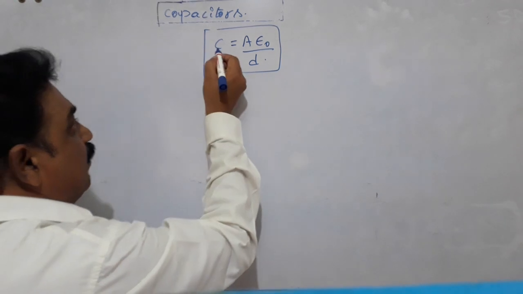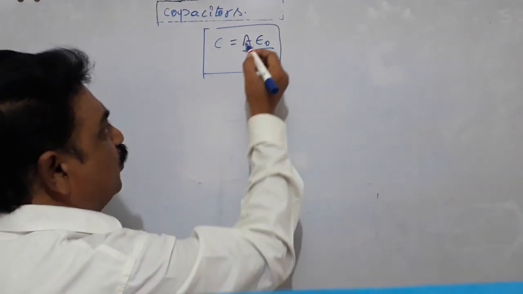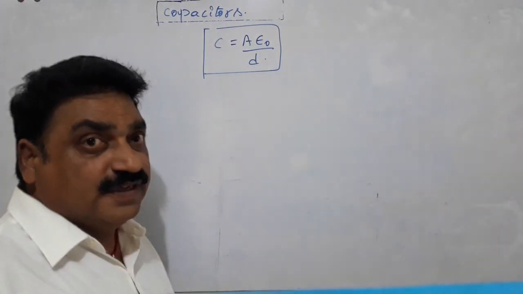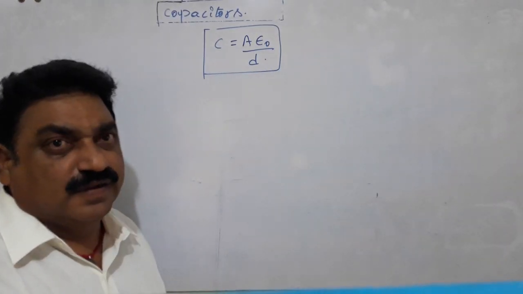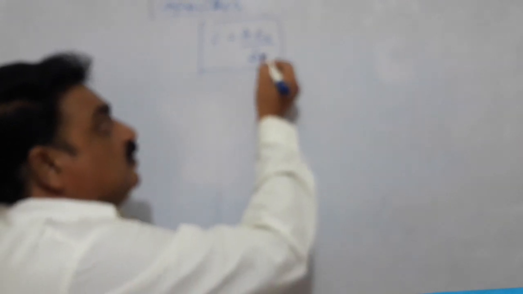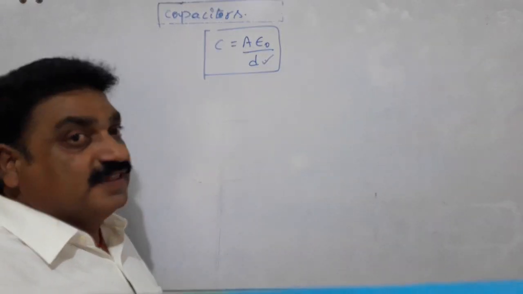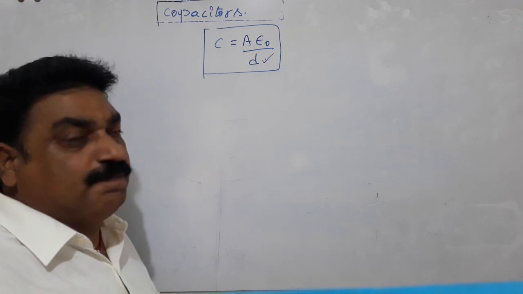The capacity of a capacitor purely depends on the dimensions, that means the area of the plate, the separation between the plates, as well as the medium between the plates.